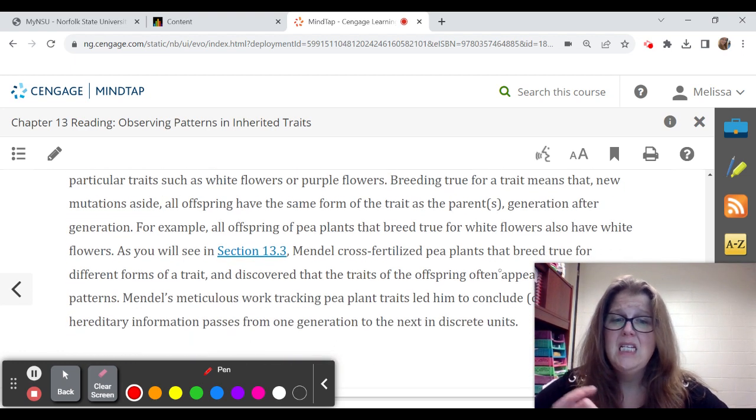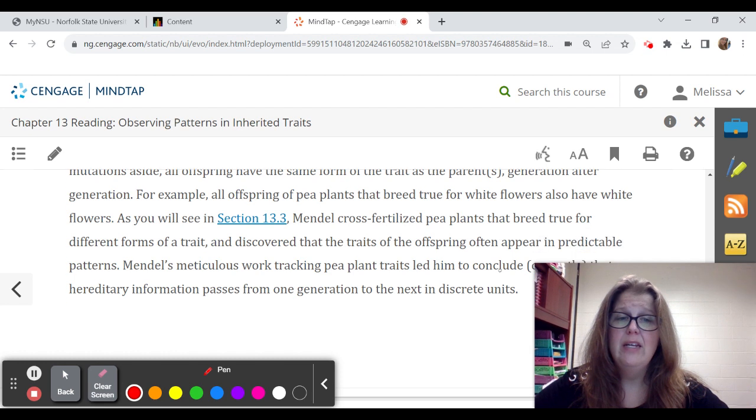But his careful tracking, his careful notes, his careful observations led him to conclude that this hereditary information is passed from one generation to the next in these units that might not be seen right away.